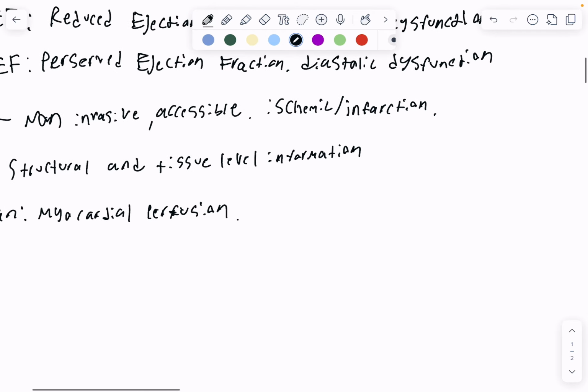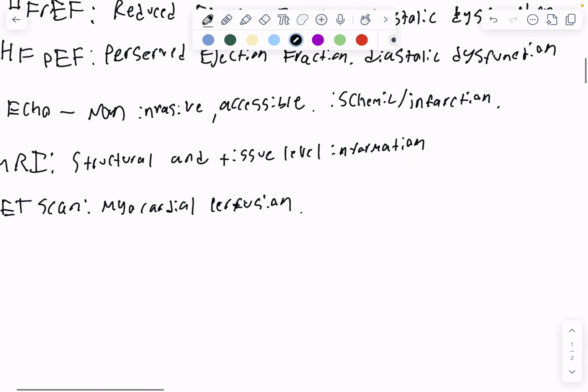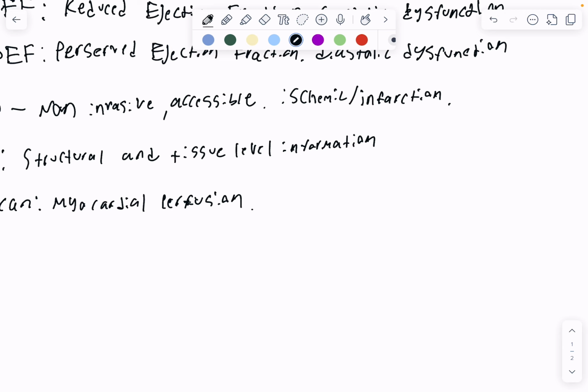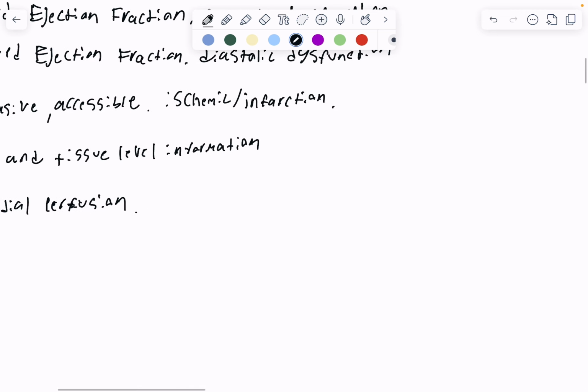And so the nuclear scan, PET scan, would help determine if the poor heart function is due to dead tissue, like low perfusion tissue, or if the tissue is normal perfusion, and we would be able to then determine and go from there.